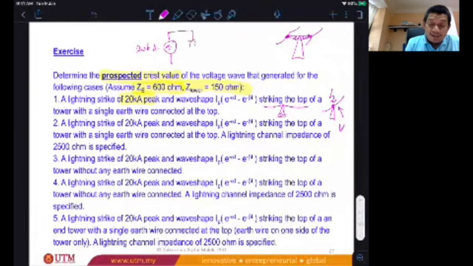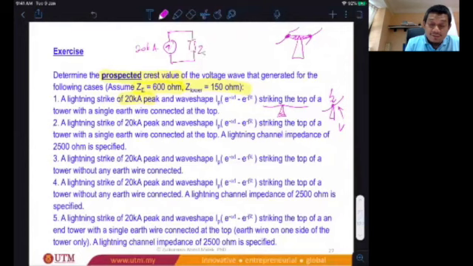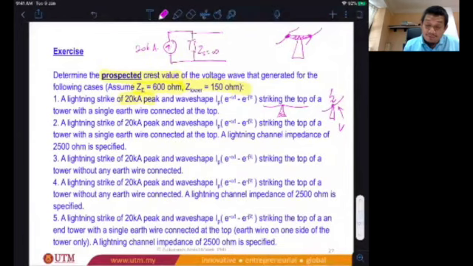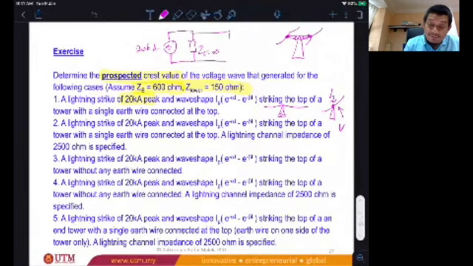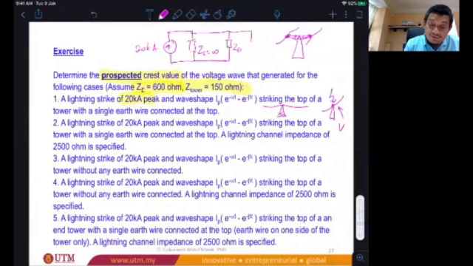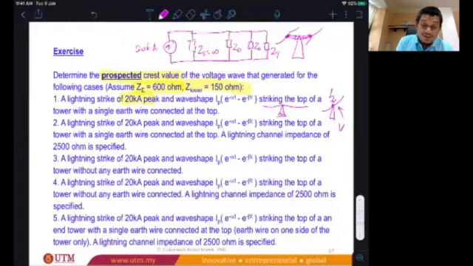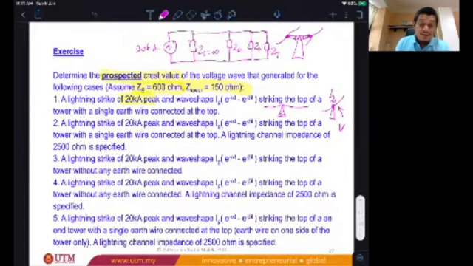You can put ZS, but it is equal to infinity because you are not given it. You have 2 earth wires, 1 to the left, 1 to the right, but you also have the tower surge impedance, ZT. So you need to calculate the voltage at that point.